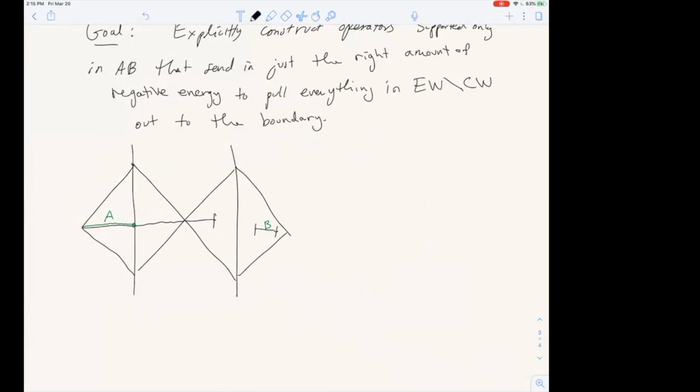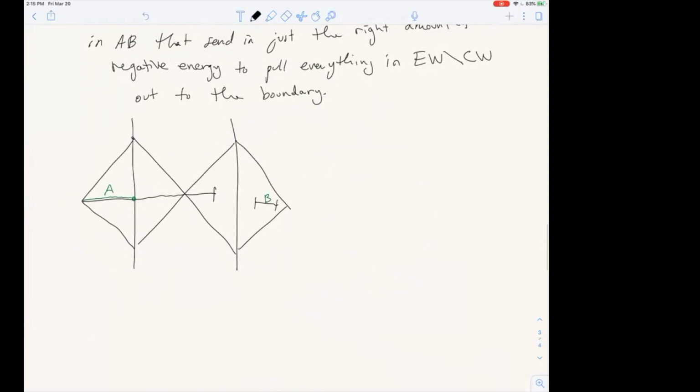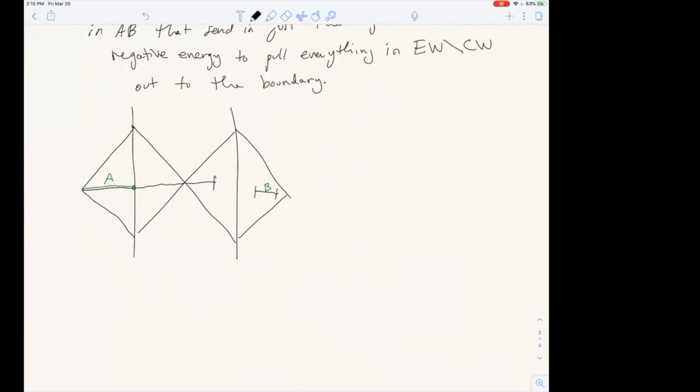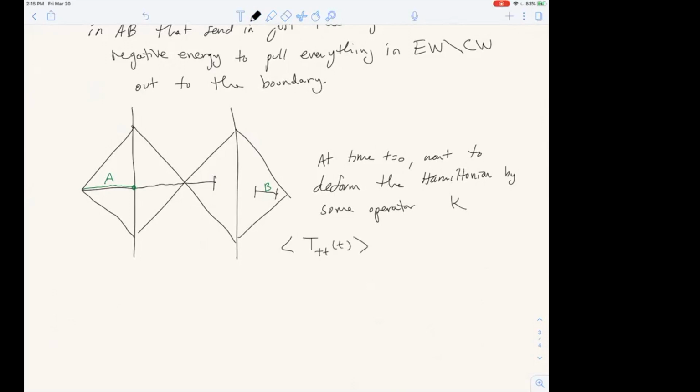All right. So how much negative energy do we really need to be able to send in? So again, at some time t equals 0, we want to deform the Hamiltonian by some operator. Let's call it, again, K, right? And the stress tensor, the null energy in the bulk before that time, I'm just going to take to be 0.